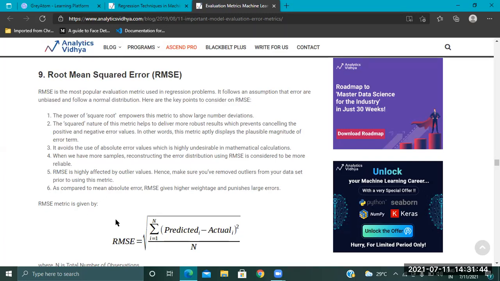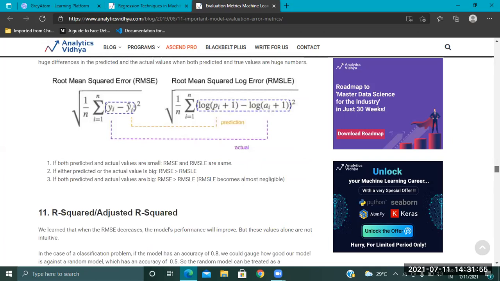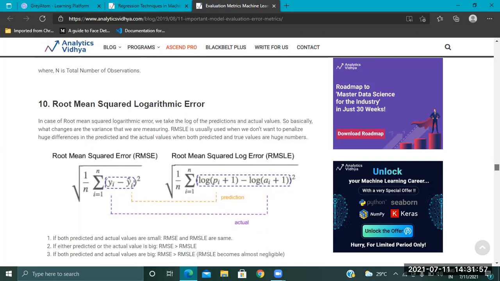As compared to mean absolute error, RMSE gives higher weightage and punishes larger errors. This is the formula of RMSE, how it is calculated. And root mean square logarithmic error is the same as RMSE; here we will use the logarithmic function inside the square root.